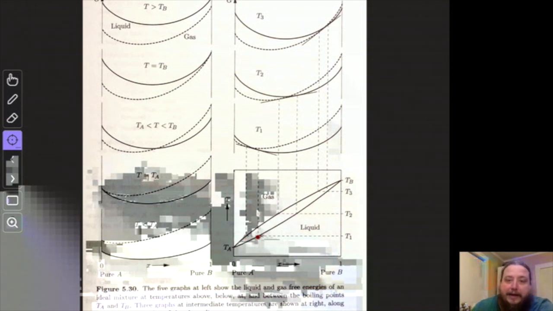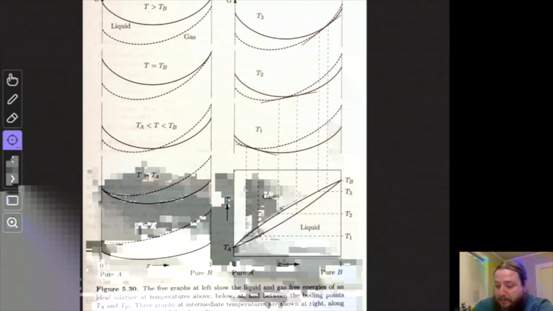So if we add up all the places where this tangent line intersects the liquid line at different temperatures, then that gives us this bottom curve. And if we add up all the places that this tangent line intersects the gas curve at different temperatures, then we get this upward curve here.